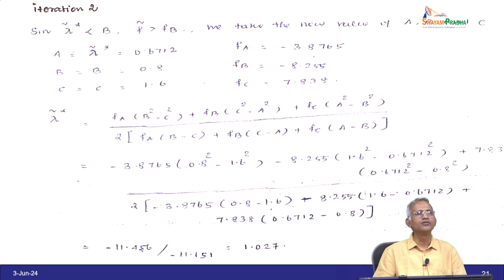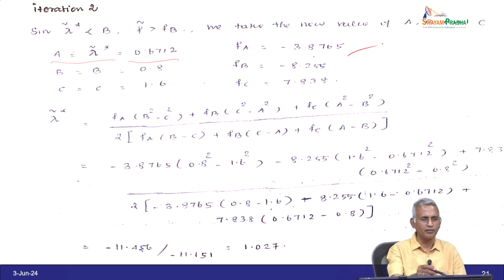Now, iteration 2, compare with b and f of b: lambda star is less than b and f tilde is greater than f b. So, we take a new value of a, b and c. So, a equal to lambda star tilde equal to 0.6712 and fa found out already, and b equal to 0.8 and fb found out, c 1.6, fc equal to 7.838.